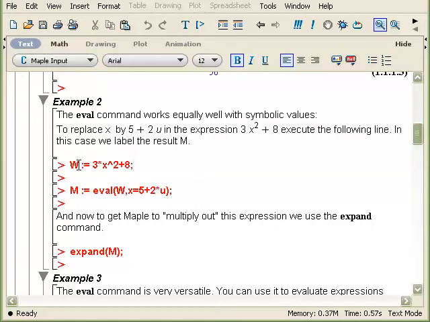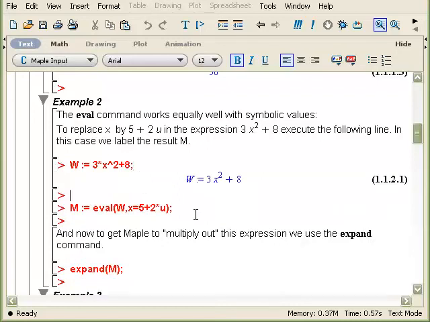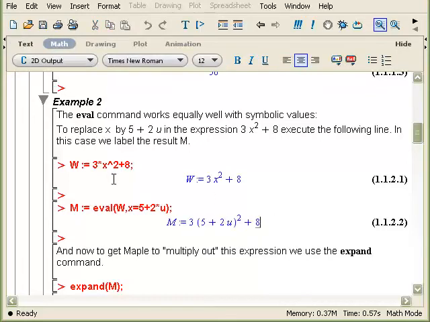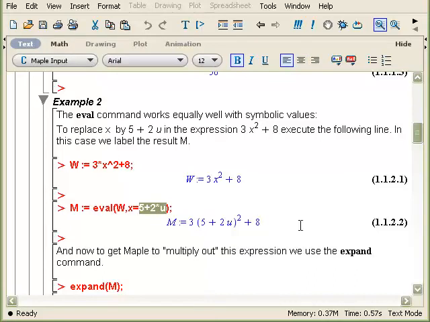Now you will assign another equation for W, and M is assigned to the result of that. But at this moment, our X is not just a number, but another equation, so it will give you a result like this.